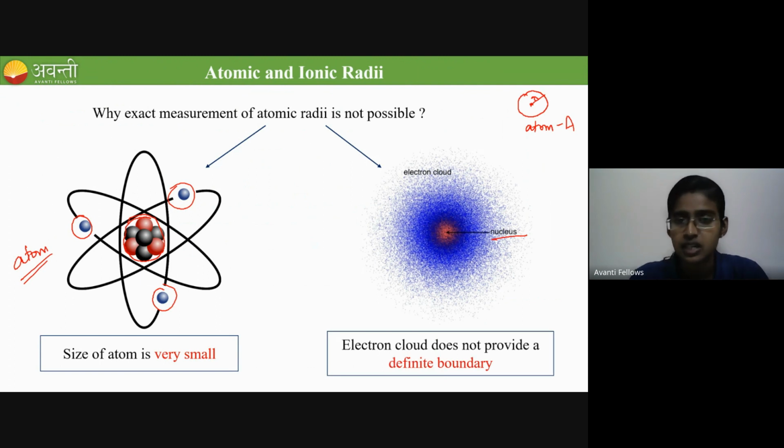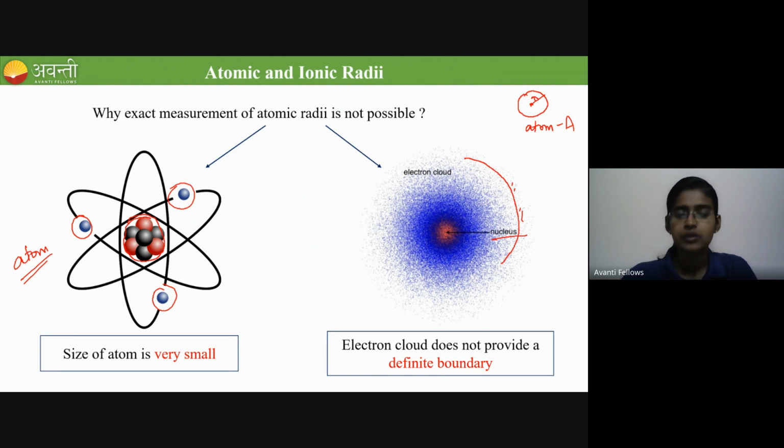You just see here, it is just spread over around the nucleus. So we don't have a definite boundary. If I draw a line here, some of the electron density is also present outside this line. So there is no definite boundary for an atom, and the size of the atom is very, very small. Because of these 2 reasons, we are not able to measure the atomic radii of an atom.